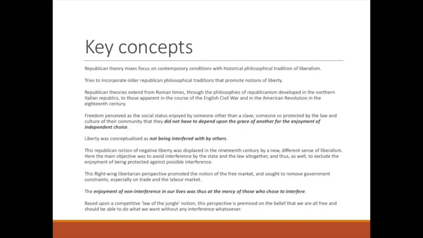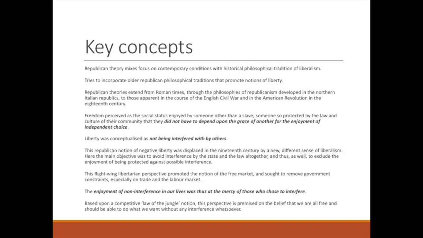Now, moving on from that brief overview, we need to discuss a few key concepts. Republican theory mixes a focus on the contemporary conditions of crime with the historical philosophical tradition of Republican liberalism.